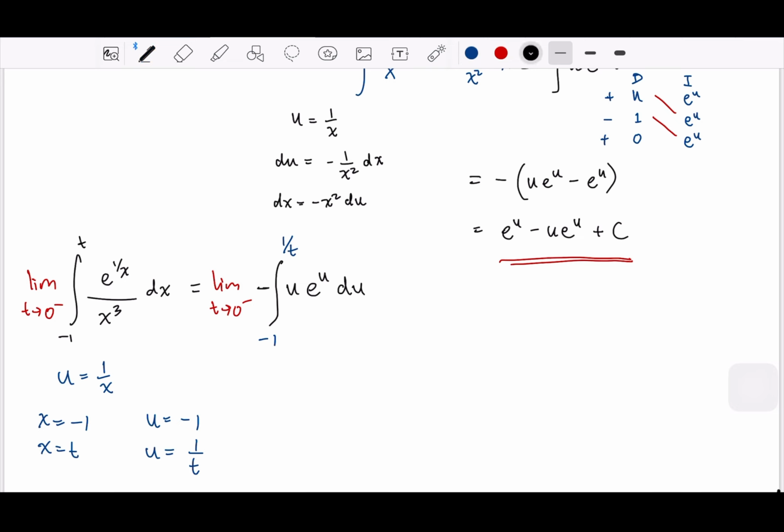Okay, and then we can write, still writing the limit, and then we can write the result from our integration. This integration we can write here without the plus constant. This will be e with power of u minus u e power of u. And then input the integrands, which is negative 1 to 1 over t.